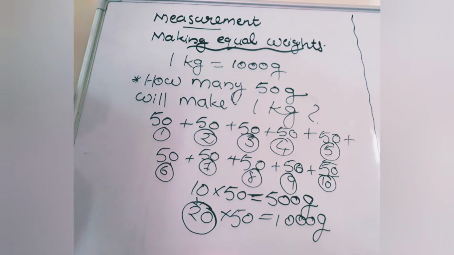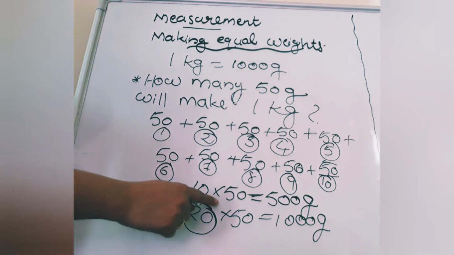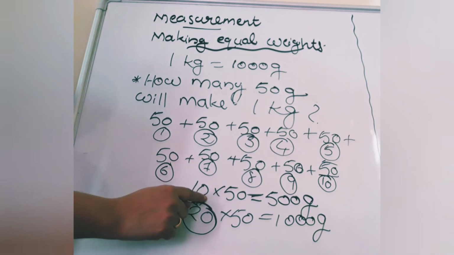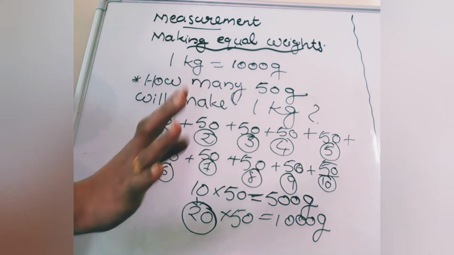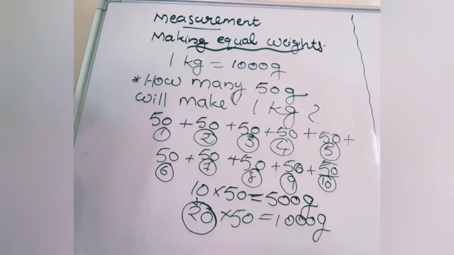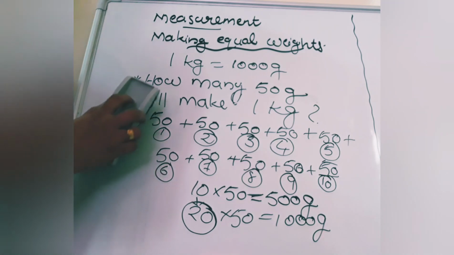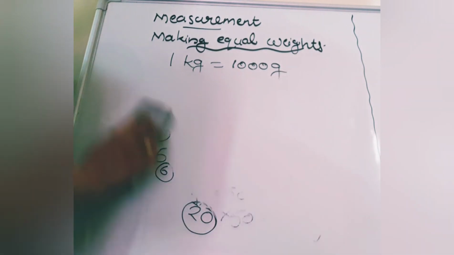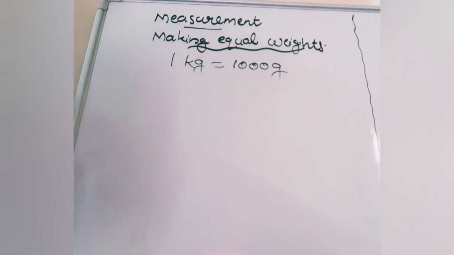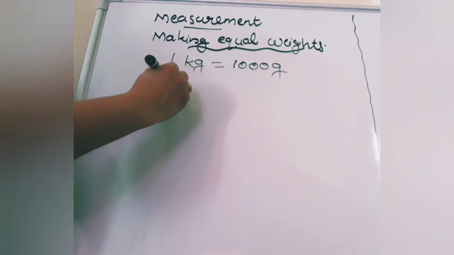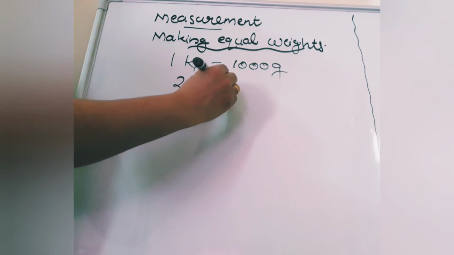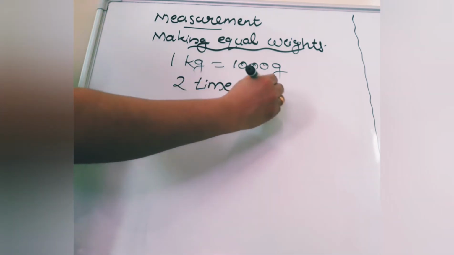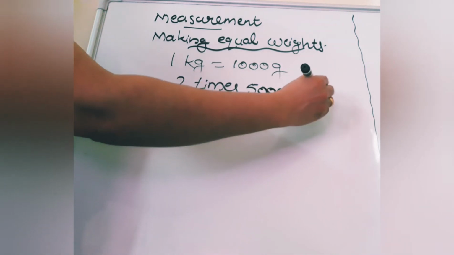So far what we have discussed, this also you have to keep in mind: 10 times 50 gram equal to 500 gram, 20 times 50 gram equal to 1000 gram. Now let us revise everything we have discussed, how to make equal weights. Just remember 2 times 500 gram is equal to 1 kg.